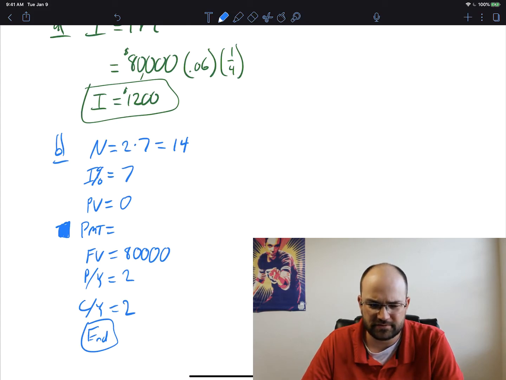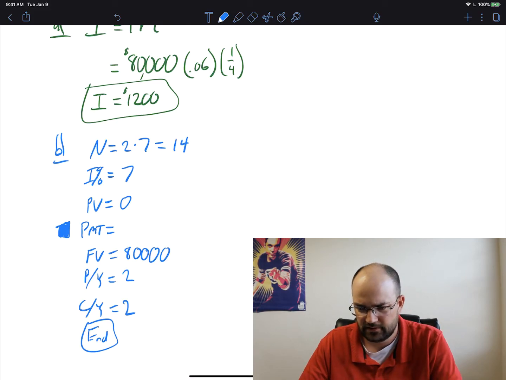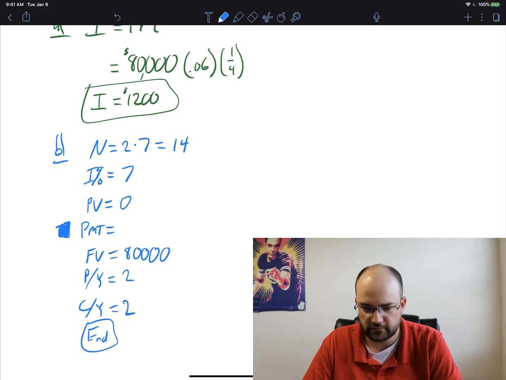Now, I'm not going to show you me typing this in. It's just exactly what you see here. So 14 for N. I% is 7. 0 for present value. Future value is 80,000. And then 2 times a year.